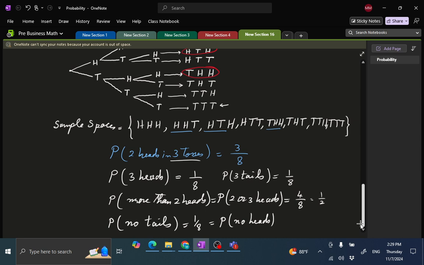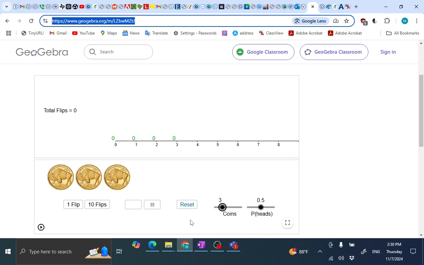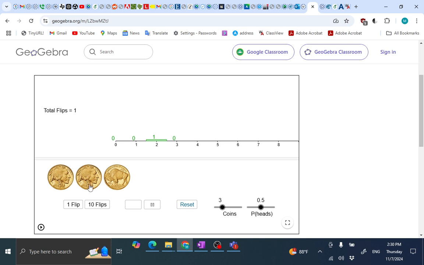Now remember that we had a demo for this, in which three coins are flipped, and now for example here we have all tails and so on. We are going to be counting how many heads show up. So for example, if I flip once, this is going to be read as H H T. If I do another one, it turned out the same thing.